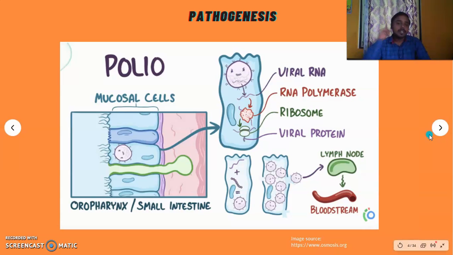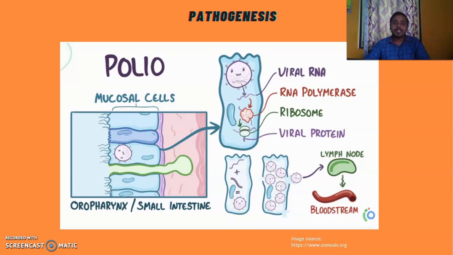Now we will see exactly how this polio virus infects the person after entering inside them. This polio virus specifically targets the small intestinal cells called mucosal cells. These mucosal cells line the small intestine.